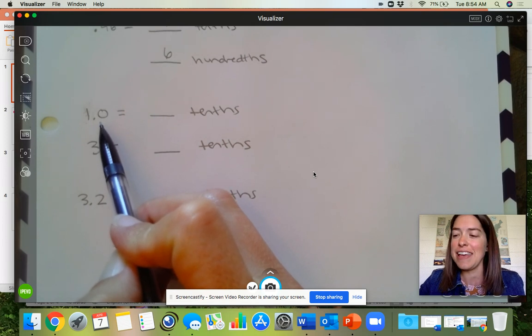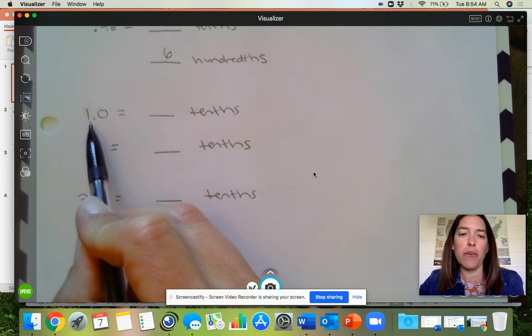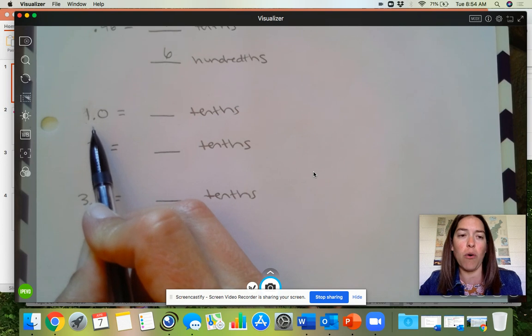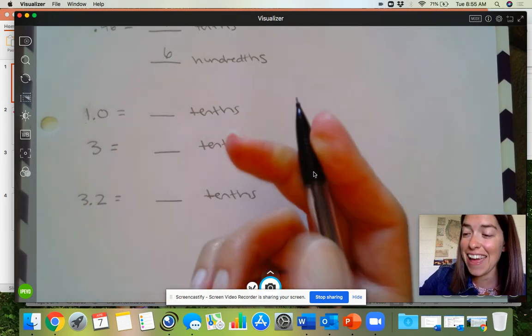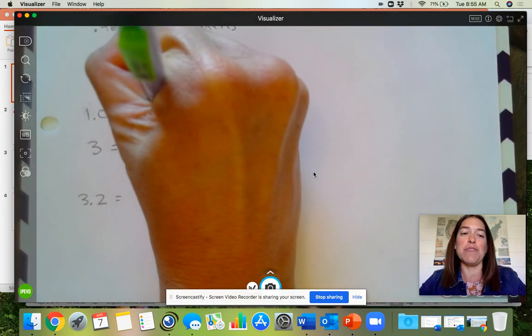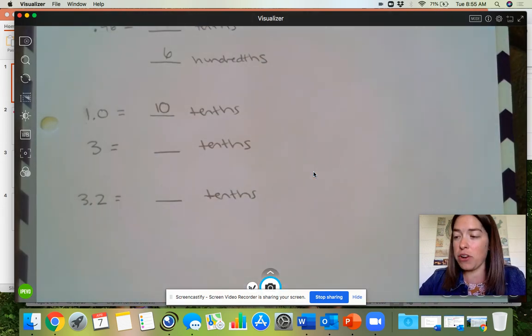The number 1, does anyone know how many tenths are in 1 whole? That's exactly right. There are 10 tenths in 1 whole. If we were to draw out our 10 tenths sticks, it would in fact make 1 whole.